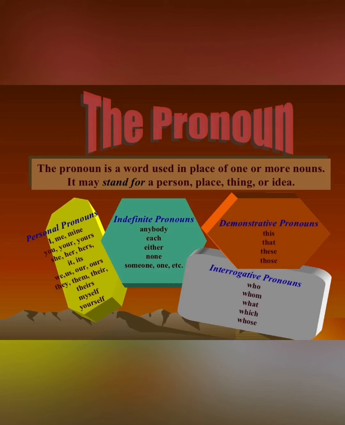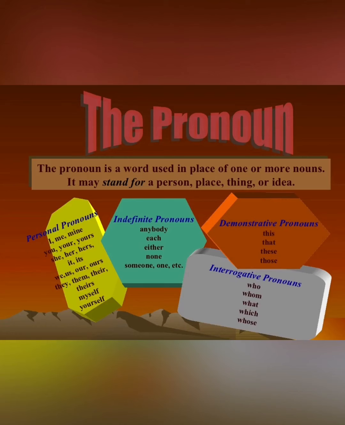For example, they went to the store. He runs a great shop. As the object of a sentence, they are me, you, her, him, it, us, them. For example, go talk to her. Don't look at them.